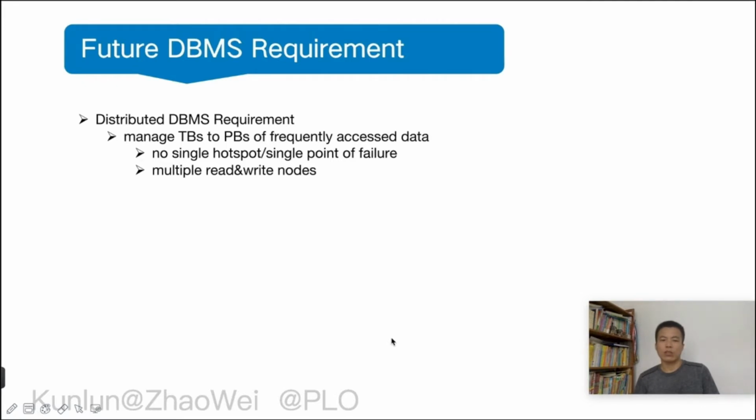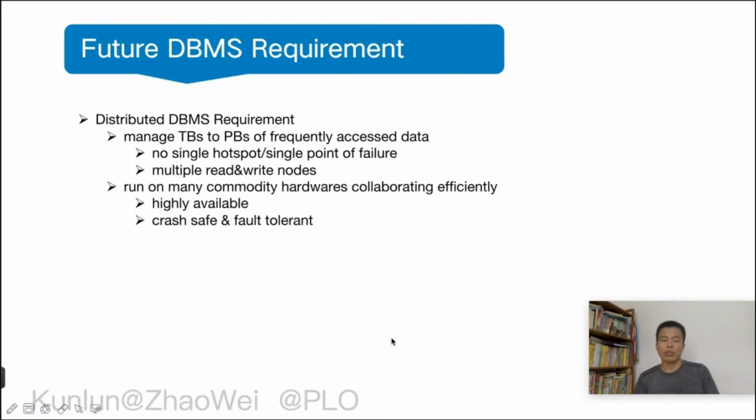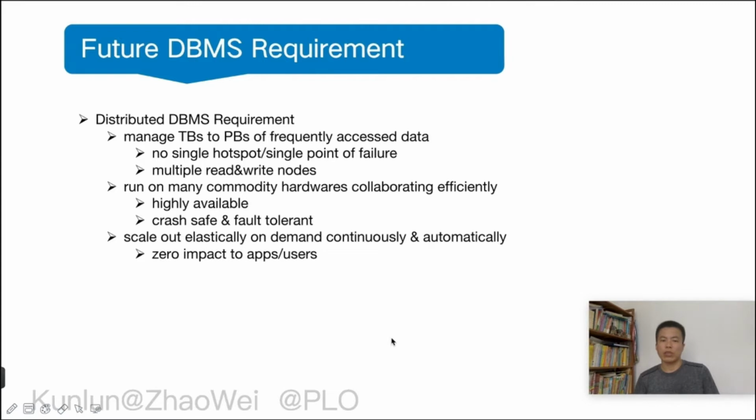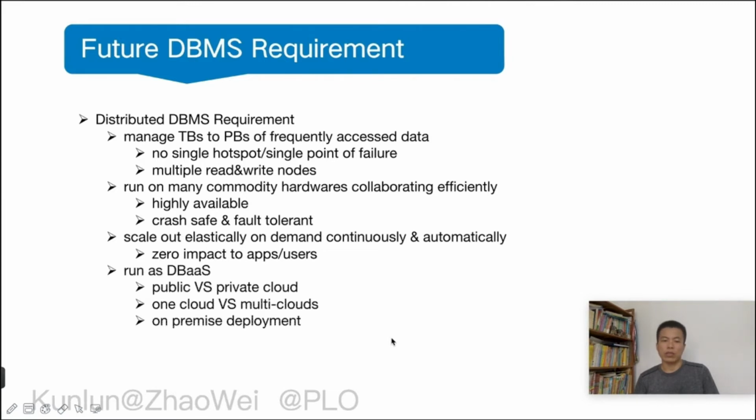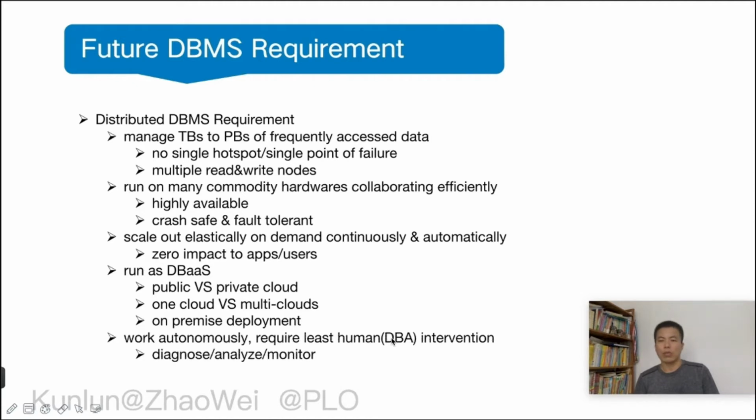And such distributed DBMS must have multiple read and write nodes, and they should run on many commodity hardwares collaborating effectively, and be able to scale out elastically on demand and run as a database service on public cloud or multiple public clouds. And they should work autonomously and require least human intervention.